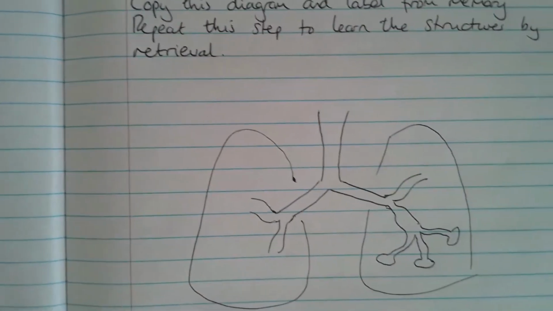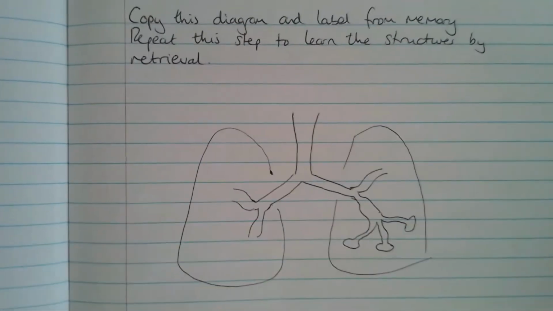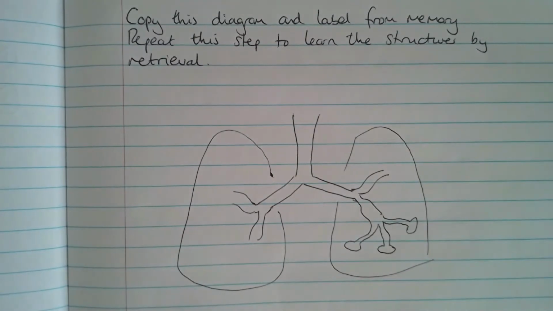So, what I'd like you to do now is copy this diagram and see if you can label the structure from memory. I'll pause the video again, and once you've done it once, do the same thing again.